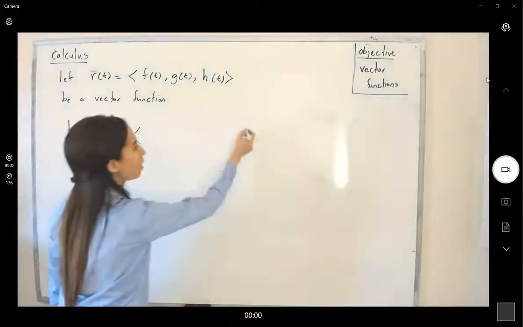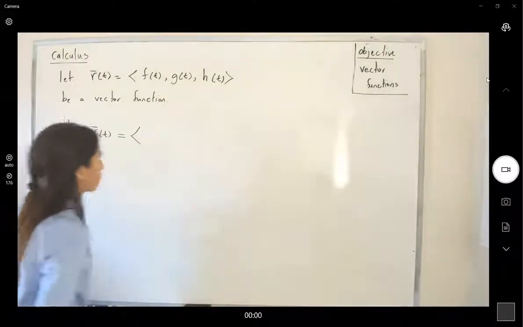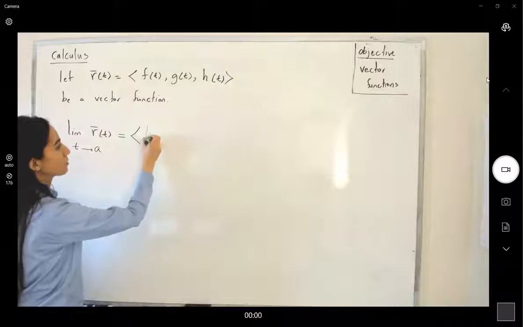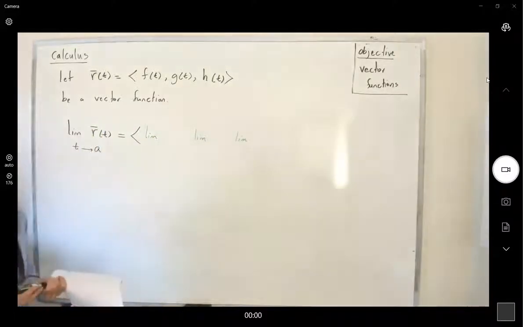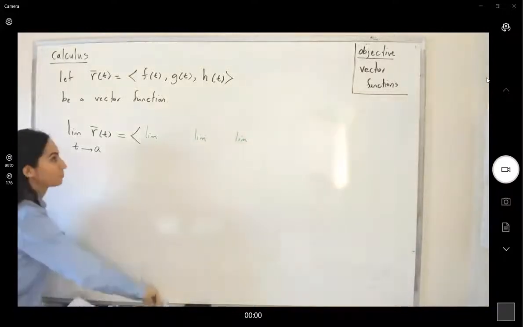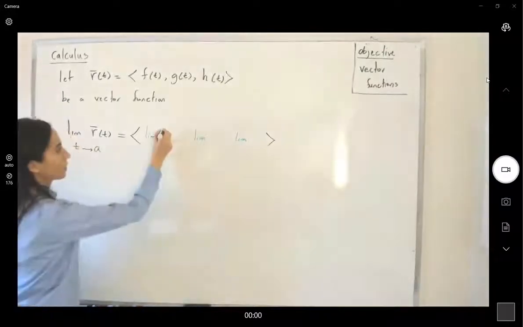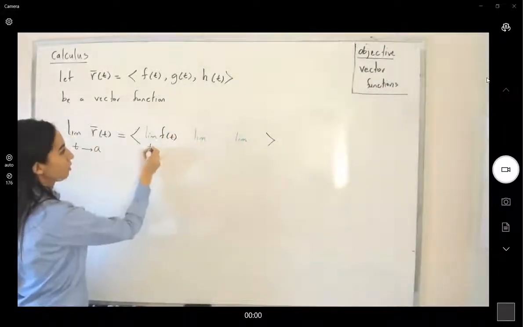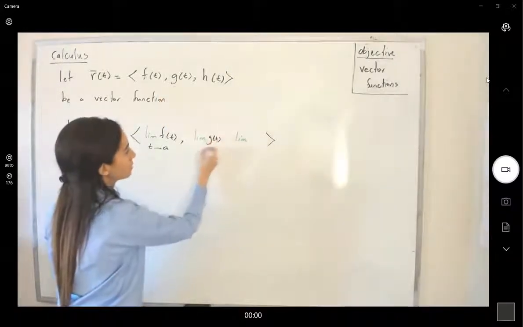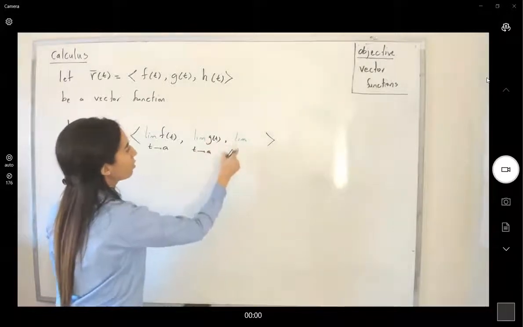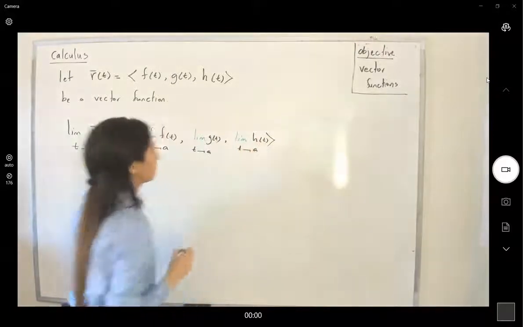We take the limit of each of these components. So we have the limit of f of t, limit of g of t, and limit of h of t while t approaches a.